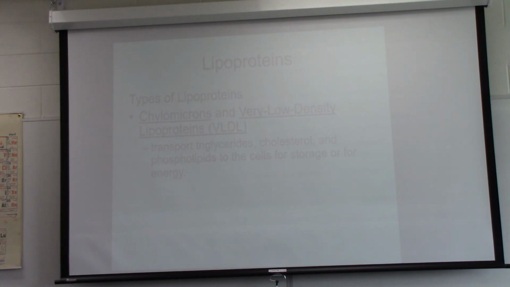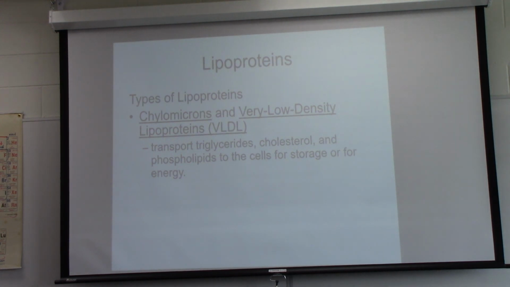Okay, so there's essentially going to be 3 types of lipoproteins. This is the first type. I put these 2 into one category: chylomicrons and very low density lipoproteins, VLDLs.